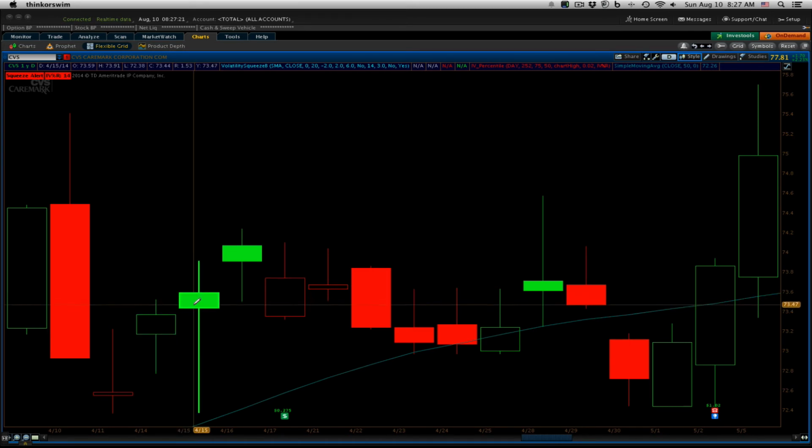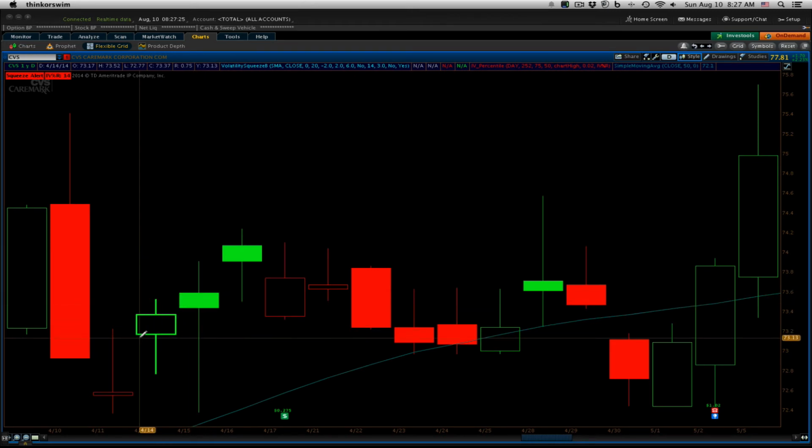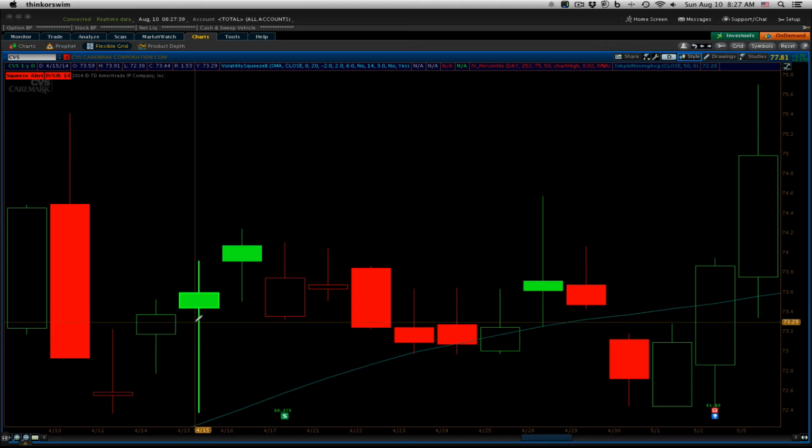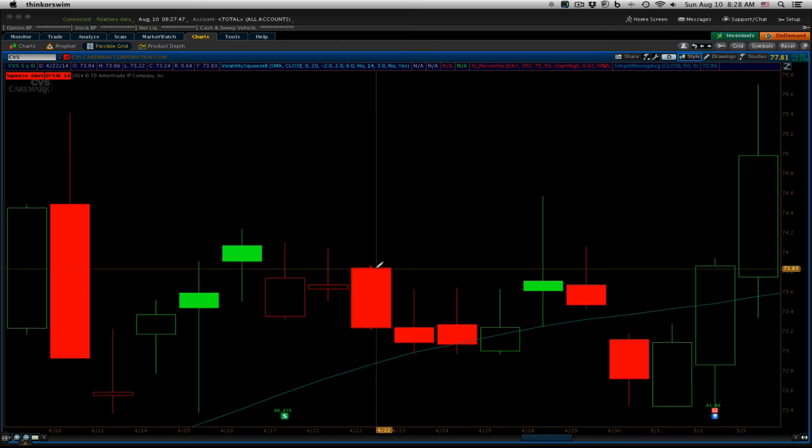That's the reason for the green closed candle, but it is still a green candle because it is higher than yesterday's close. Here's yesterday's close at 73.36, and here's today's close at 73.43. If this closing price was lower than this close, this would be a red candle. Okay, a red closed candle, and that's what happens here.